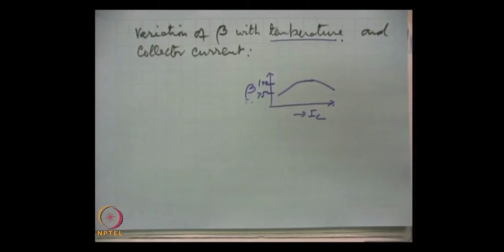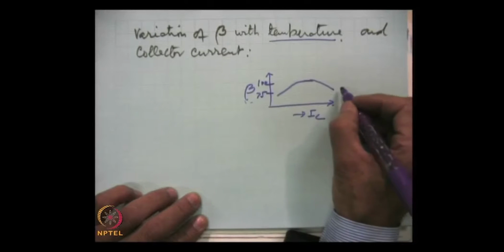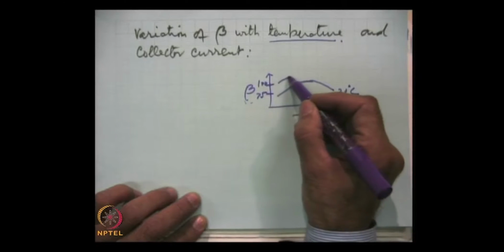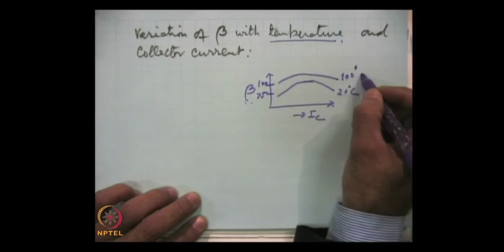A transistor contains semiconductors which are very sensitive to temperature variations, and because of that there is a change. If this is the plot at a temperature of say 20 degrees centigrade, with beta about 100, then this variation will be like this.